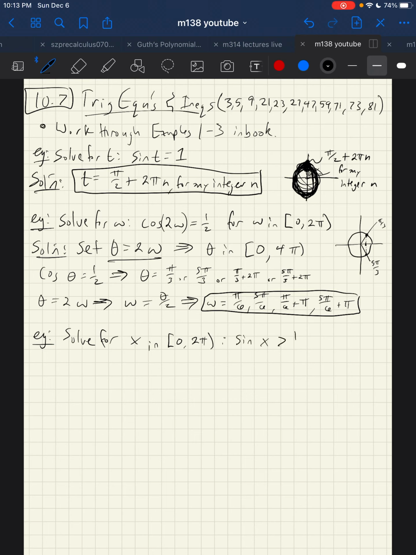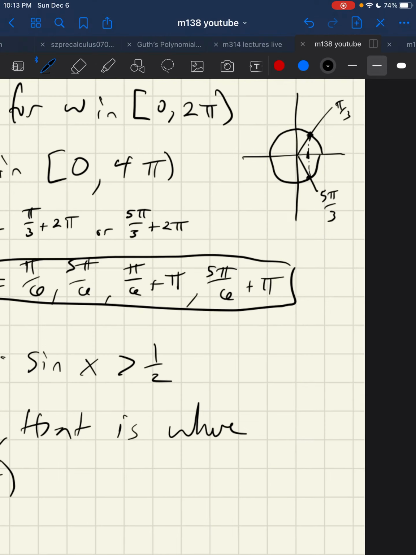Sine x is greater than 1/2. Okay, solution. We just find the boundaries of truth. That is, where sine of x equals 1/2 for x in 0 to 2 pi. So where's that? Again, we go to a unit circle.